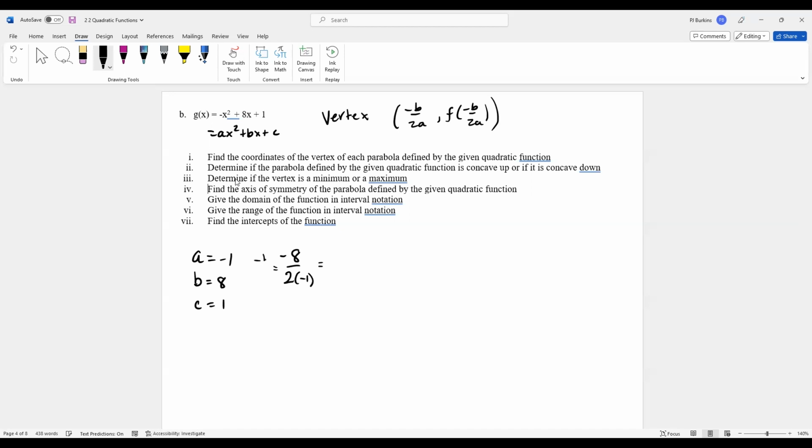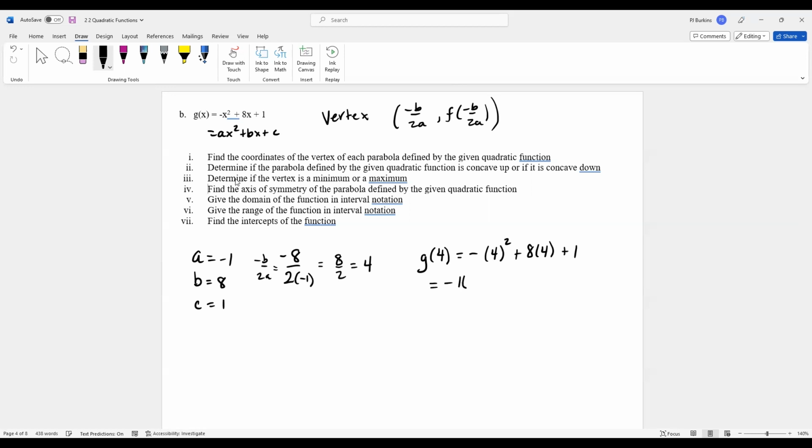All right, so it's minus b over 2a. So that looks like we're going to get 8 over 2, or 4. Okay, now we need to plug that into the function. So we need, in this case, g of 4. So that's going to be minus 4 squared plus 8 times 4 plus 1.